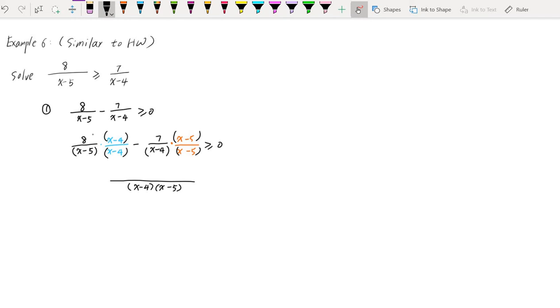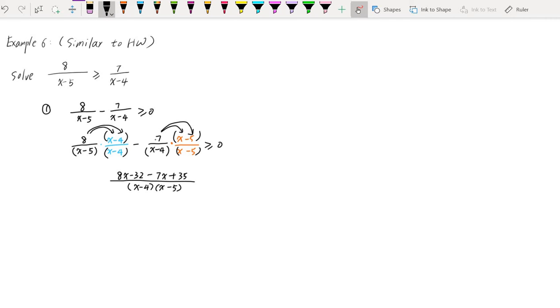So the numerator will become, let's do a distribution right here, 8x minus 32. This is subtraction, so be careful, we have -7. -7 multiplied by x will be subtract 7x. Then -7 multiplied by -5 will be plus 35.